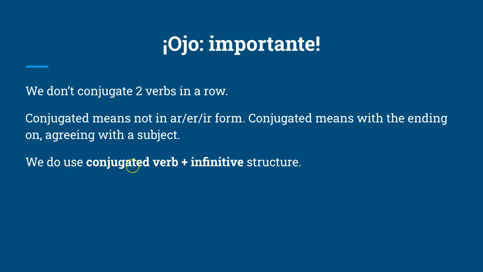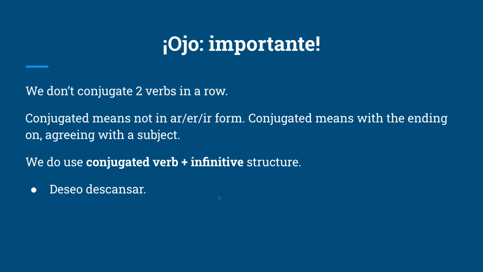We do use conjugated verb plus infinitive structure sometimes if we need to. So, deseo descansar, for example. I want to rest. You note that the first verb is conjugated. It ends in O, yo form, but the second verb is in the infinitive form. It ends in AR. So that's okay to do, but we don't conjugate two in a row.